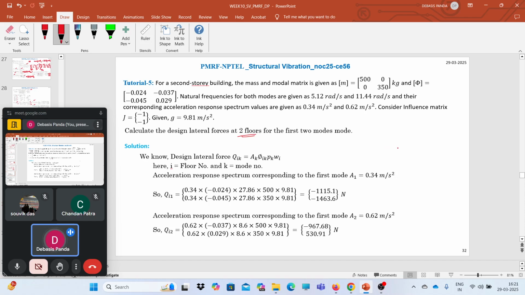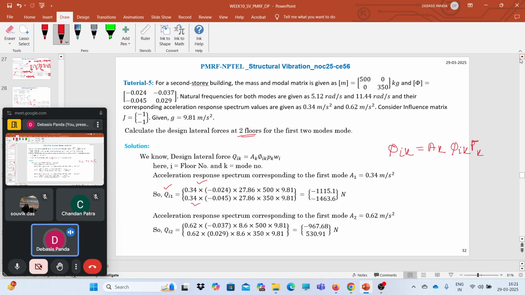So design lateral force, we have already seen that we can write Q_ik or F_ik is equal to A_k phi_ik, participation factor of this particular mode k, right? And your W_i. So here Q_i1 will contain Q11 and Q12.